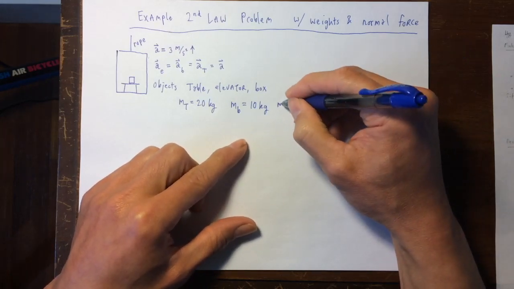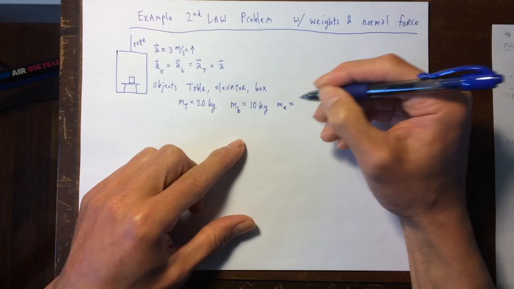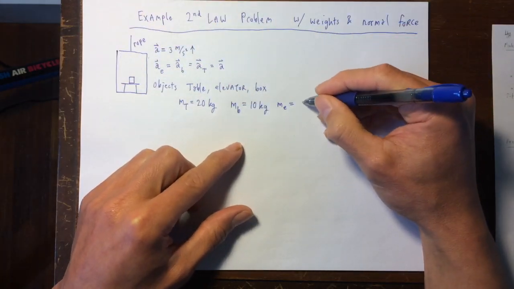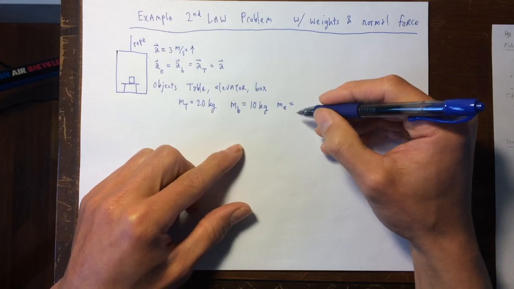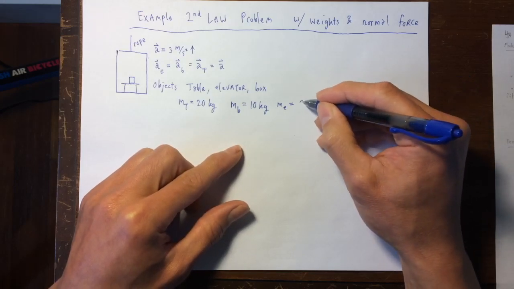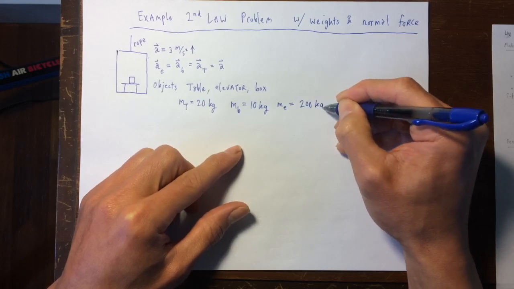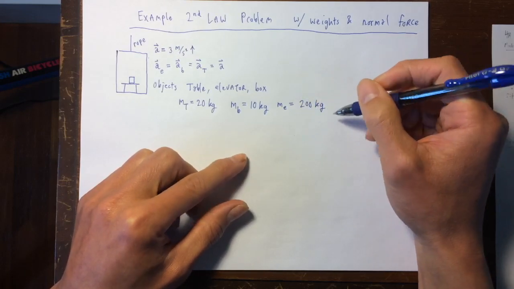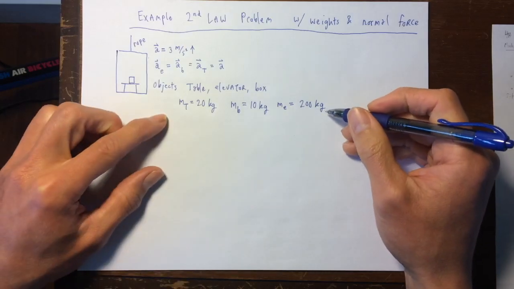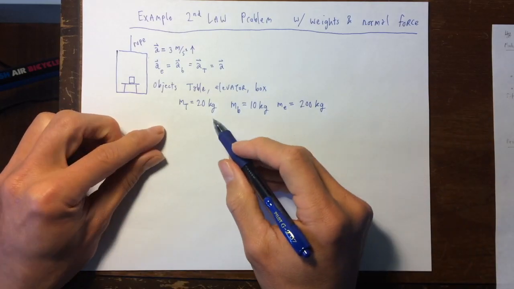And then the mass of the elevator box itself, this thing right here, it's made out of steel and wood and plastic and other things, maybe some glass. This is probably kind of light for an elevator mass, but let's say it's a carbon fiber elevator. Again, who cares? But here are some values.